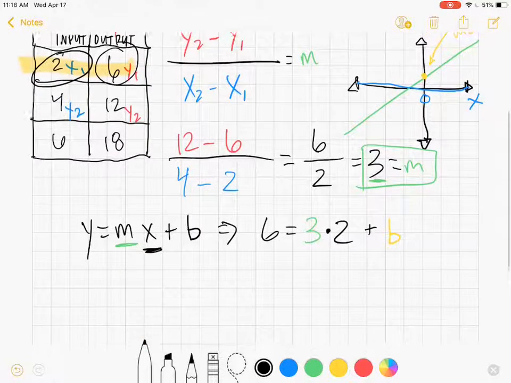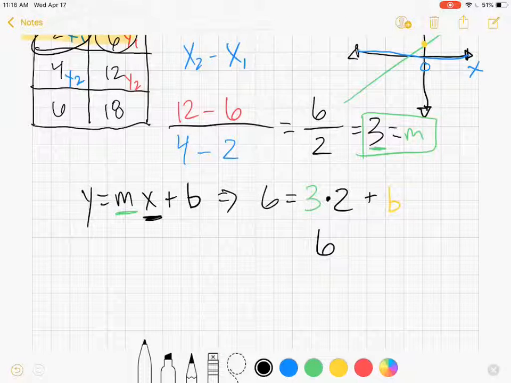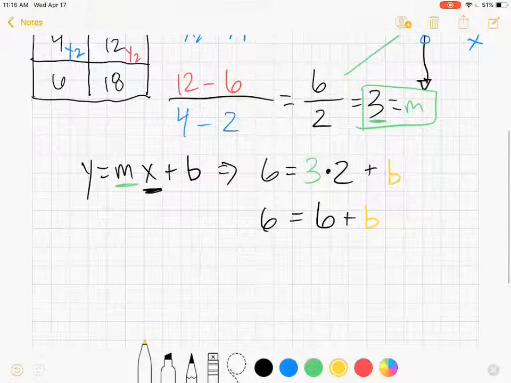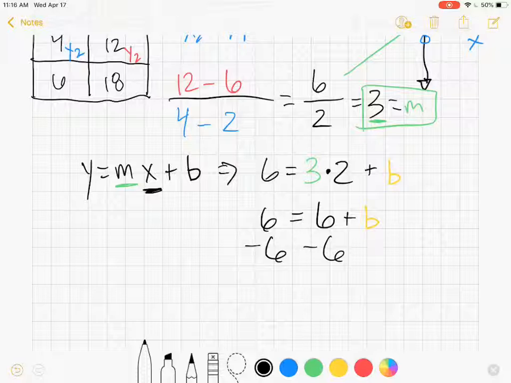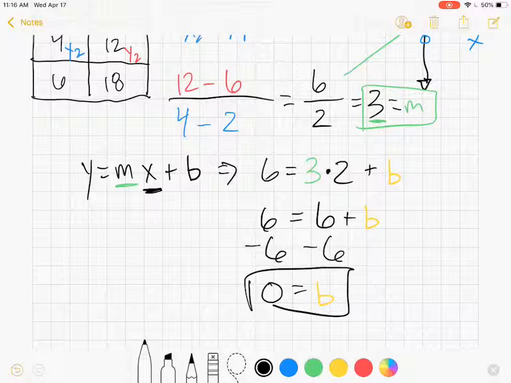Now we start working backwards to solve. 3 times 2 is 6, and that equals 6 plus b. We can subtract 6 from each side. 6 minus 6 is 0, and 6 minus 6 is 0 plus b, so we're left with just b on that side. So 0 equals b.